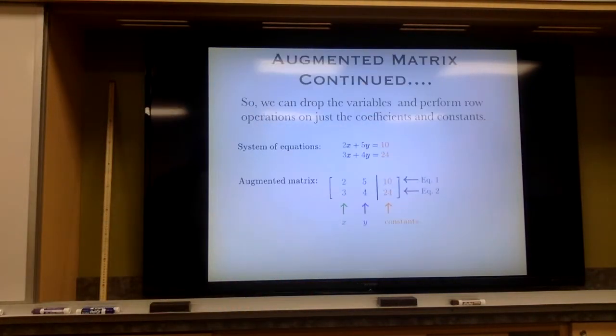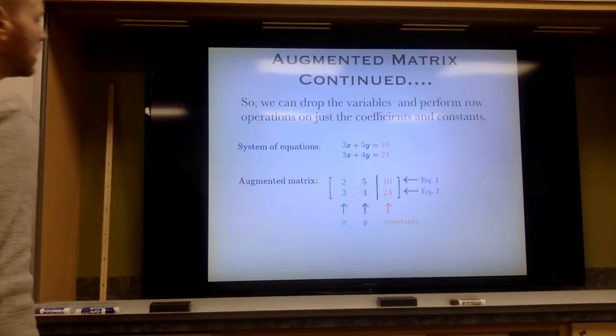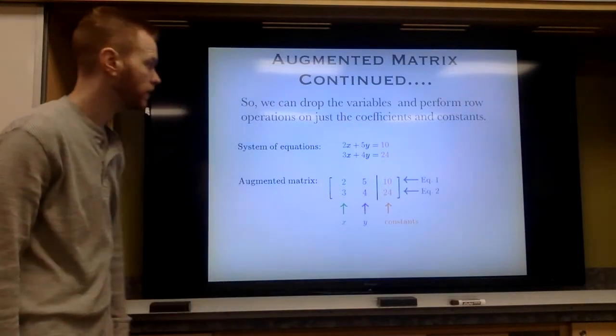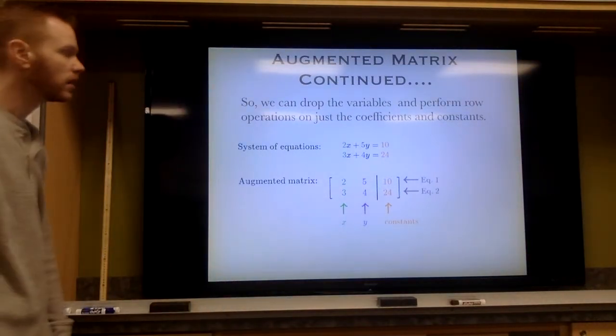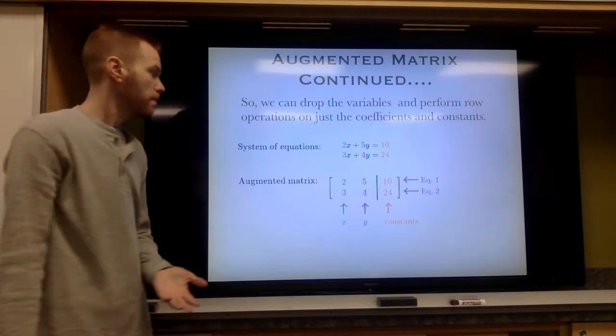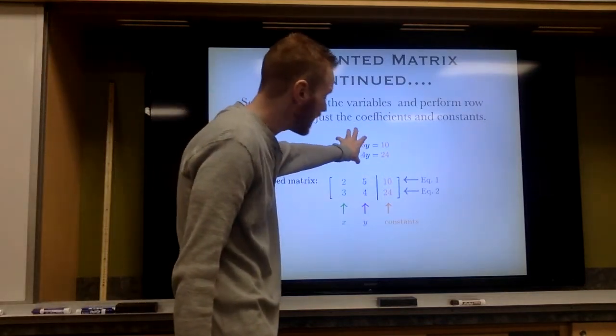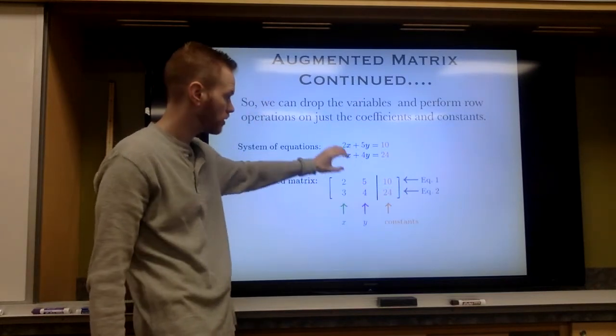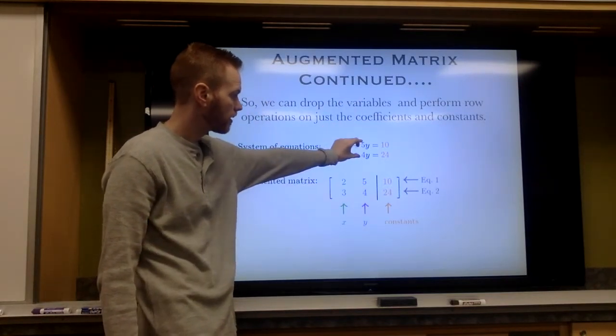So what does one look like? Let's say this is my system that I want to solve. I want to figure out what x and y are. To do that, I'm going to solve it by using a matrix. I'm going to take these coefficients and bring them down to here. You see how the 2 and 3 get put here, the 5 and the 4 here.